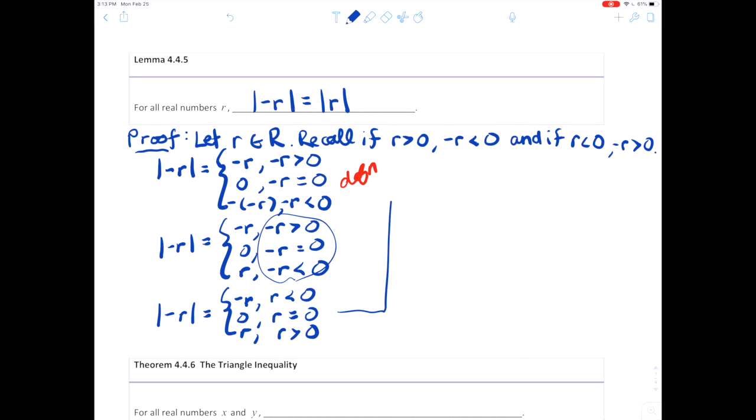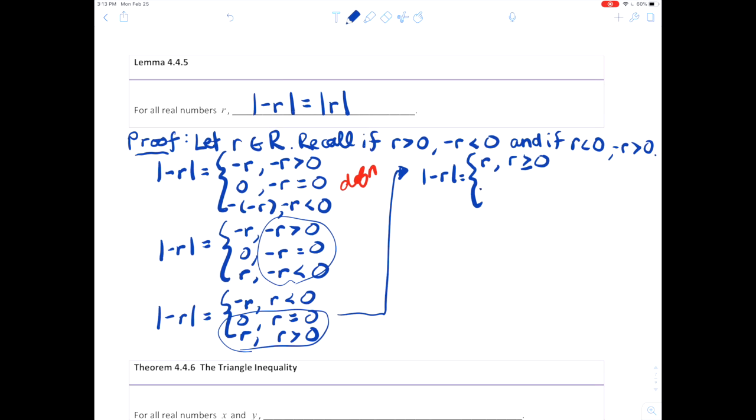So, all right, cleaning that up a little bit, absolute negative r is going to be r for r greater than 0. Actually, or equal to, we can put these two together, and then it'll be negative r for r less than 0, right?